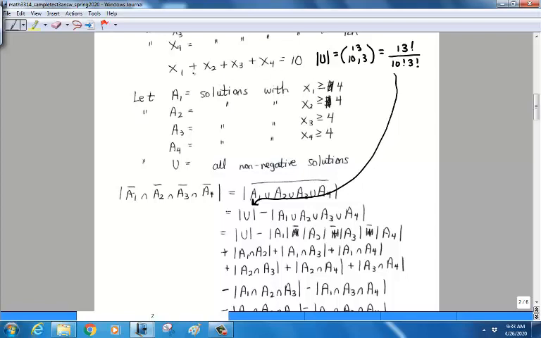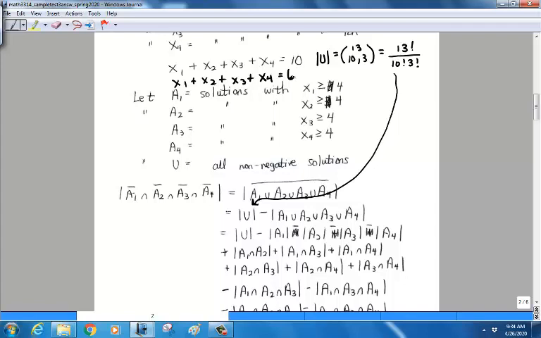So just automatically assign 4 candy bars to x1, and then you have to distribute the remaining candy bars. So that's essentially finding the solutions to x1 plus x2 plus x3 plus x4 is equal to 6, because we've already taken 4 of the 10 candy bars and assigned them to x1. So that leaves us with 6 left to assign.